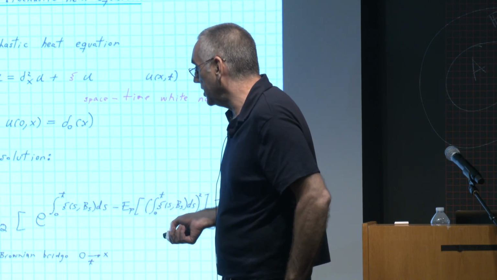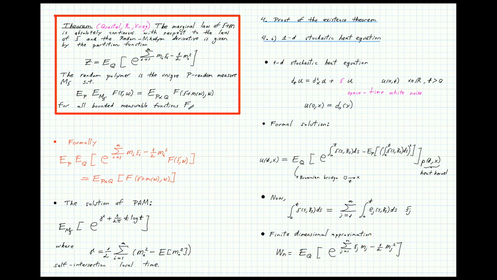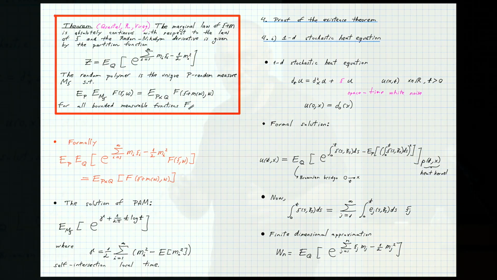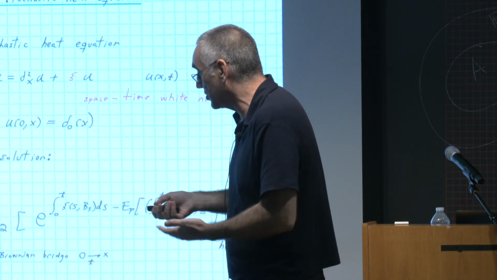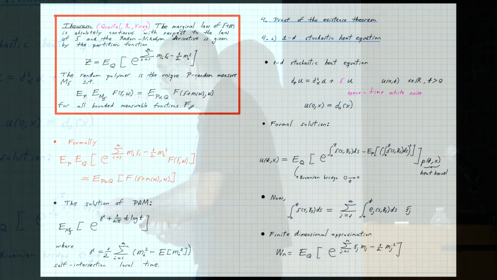And there's an extra constant, depending on time, that you have to add out here. But this self-intersection local time can be expressed as this series. And actually, this series is the difference: the first series is the renormalization that is done in the case of the weak order solution, and the second one is more or less the renormalization you would expect that Heider-Labé did, because in their case, the renormalization is not random.